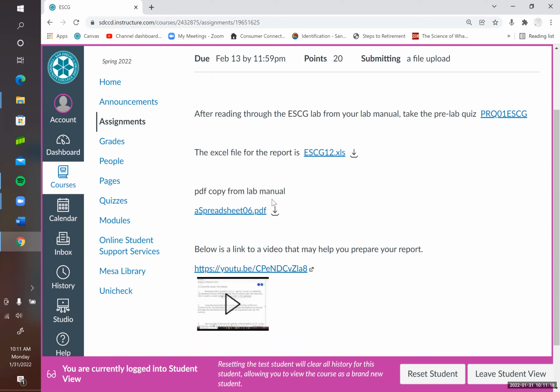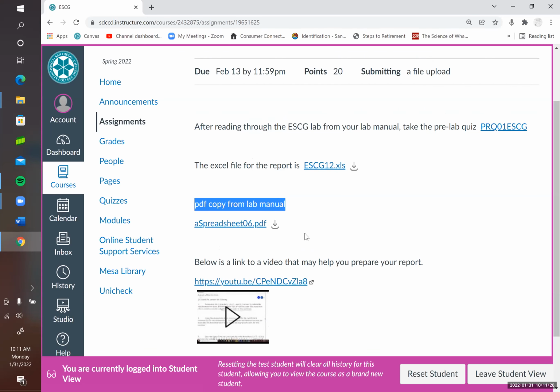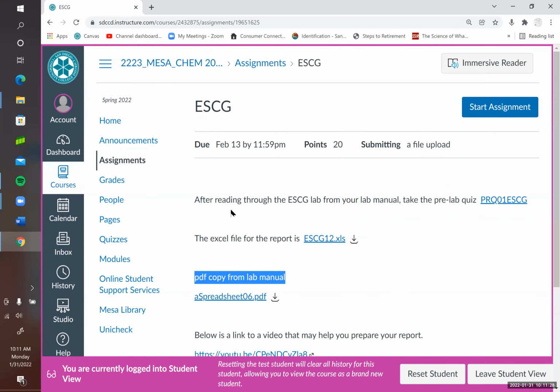So here's a copy from the lab manual, in case you haven't had a chance to get your lab manual yet. And then you're going to take this pre-lab quiz before you do the lab.